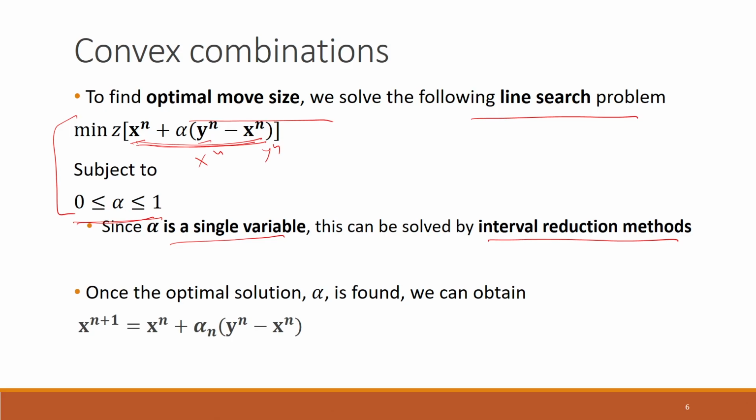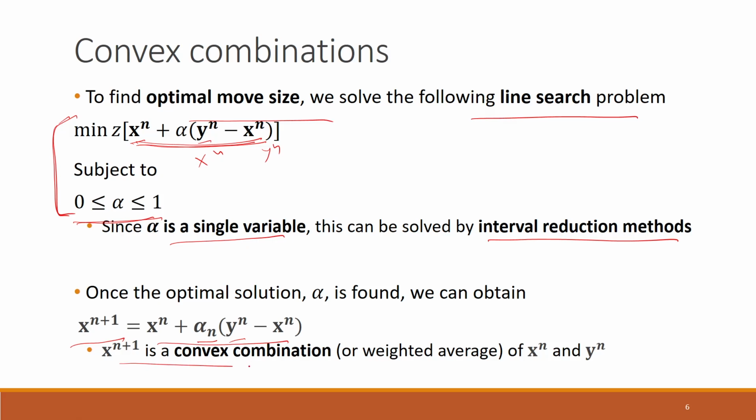Whatever alpha we get is alpha n, because we are at the current iteration n. We had already determined yn by solving a linear program that we saw a few slides back, and alpha n we determine by this optimization problem. We can now put alpha n and yn in this equation and we will get xn plus 1.